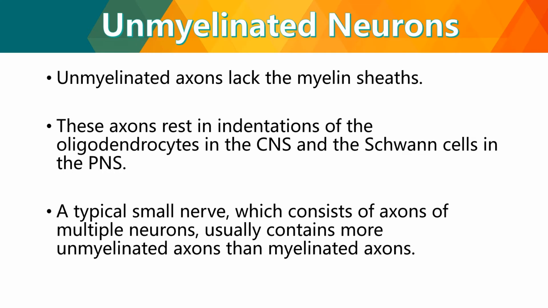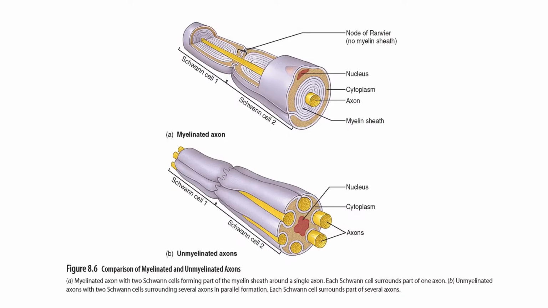To compare your myelinated axon and unmyelinated axon: the myelinated axon has two Schwann cells forming part of the myelin sheath around each single axon, and each Schwann cell surrounds part of one axon. As you see here, the nucleus is found peripherally, and at the center you will see the axon, surrounded by the myelin sheath.